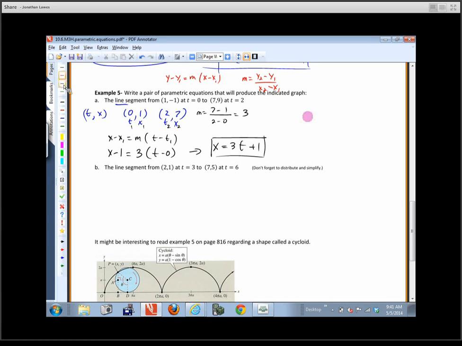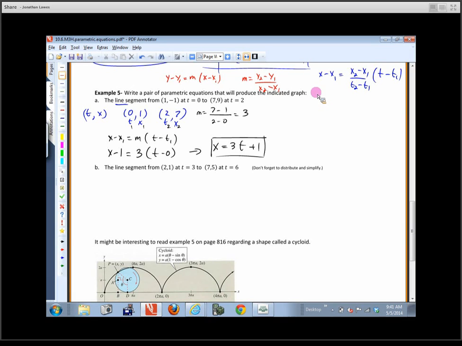Here's what we just did. We did x minus x1, and then we did x2 minus x1 over t2 minus t1, and then I did t minus t1.